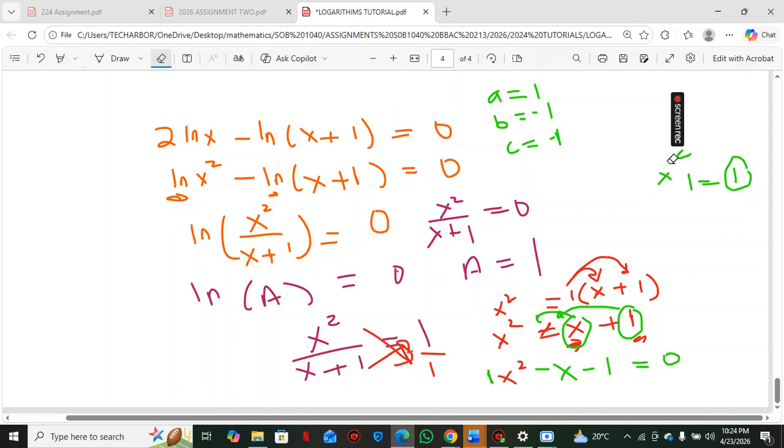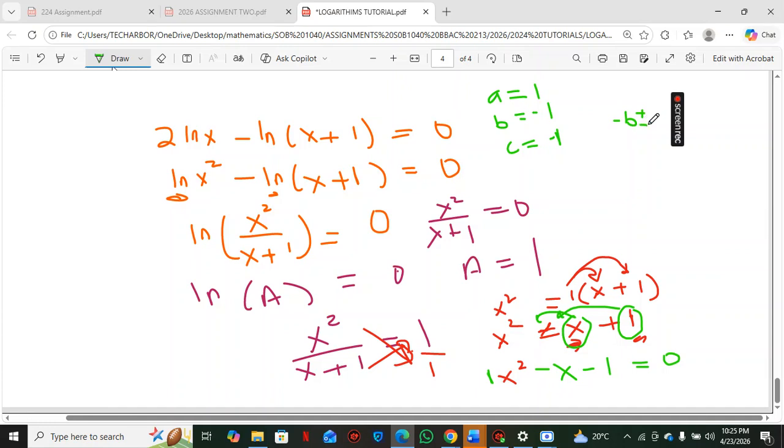So, quadratic formula, remember: negative b plus or minus the square root of b squared minus 4ac, over 2a. We already have our b.